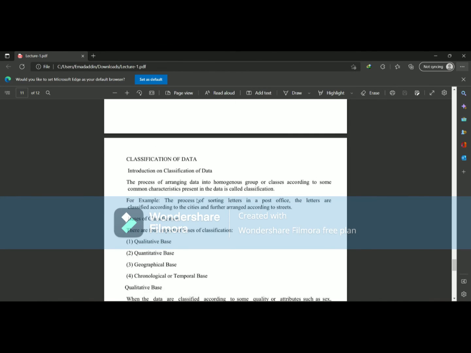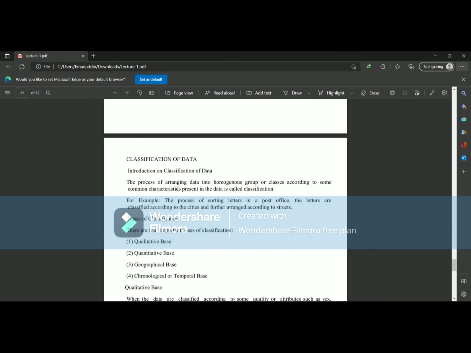Now, classification of data. Introduction to classification of data.